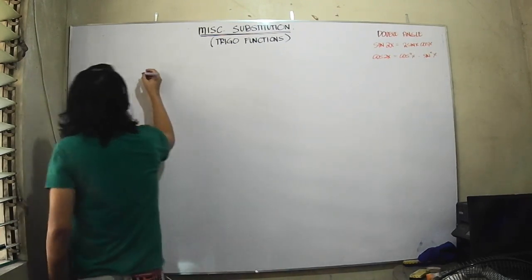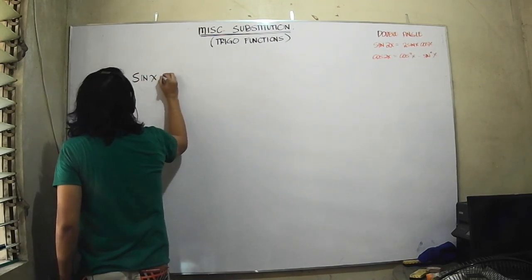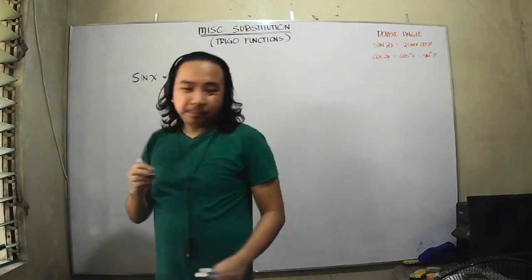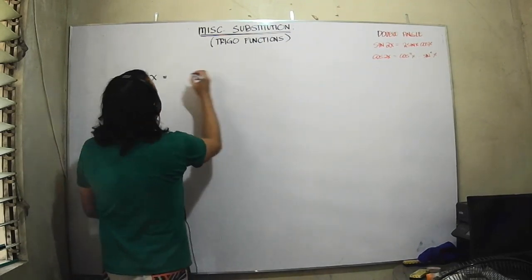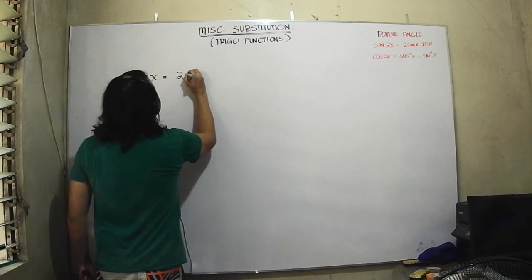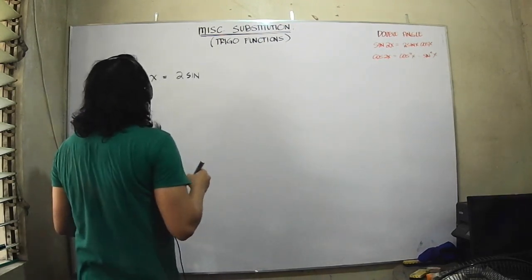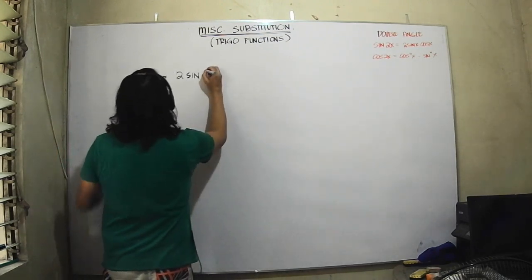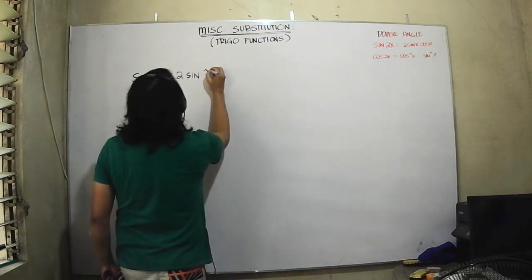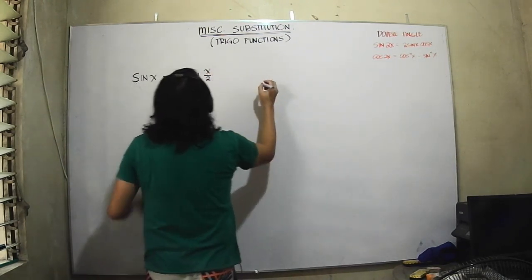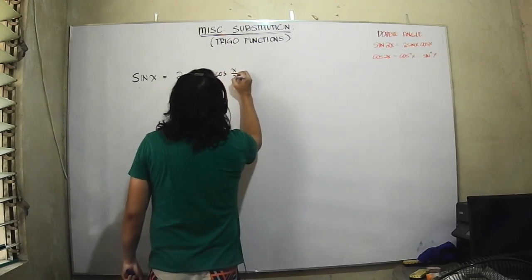Let's try first with sine x, which is 2 sine. I want to create a relationship between the double and half angle. If this is the double angle, 2x, then the half angle is x over 2. Likewise, the cosine will also be x over 2.